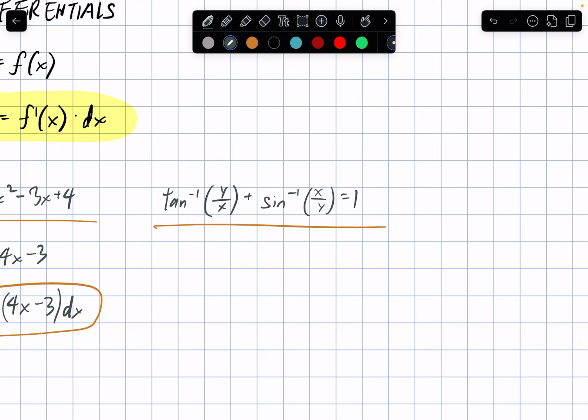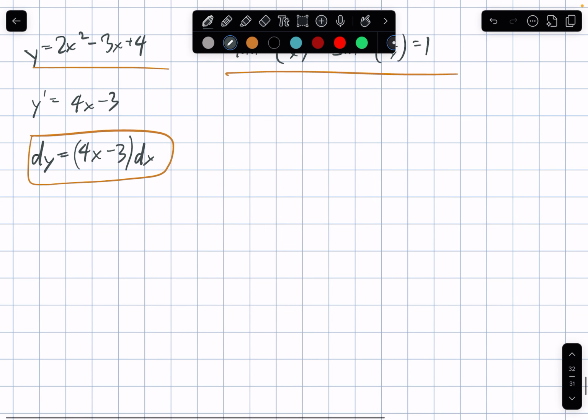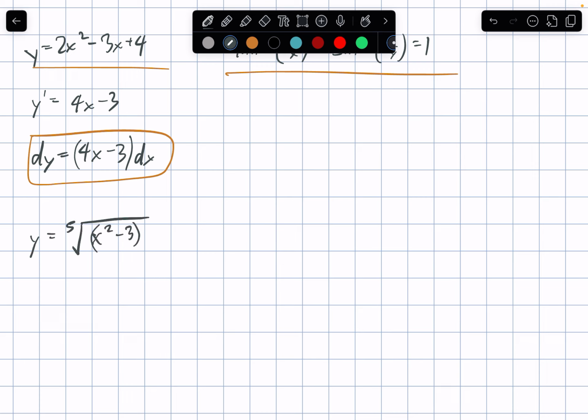Okay, so we'll save that for later. It's a long solution. Find the derivative first.